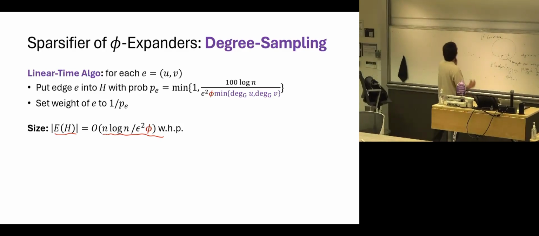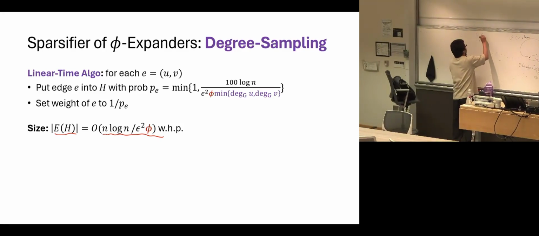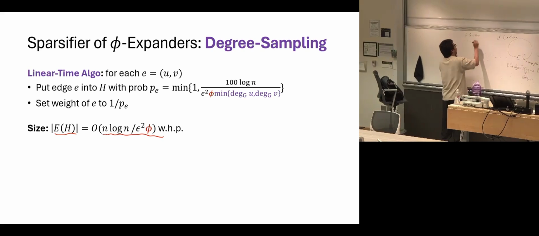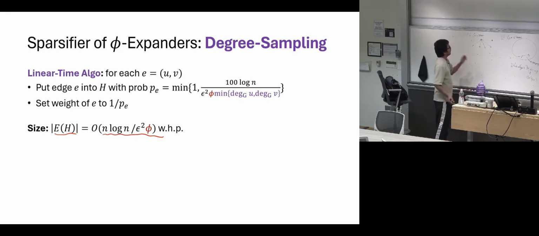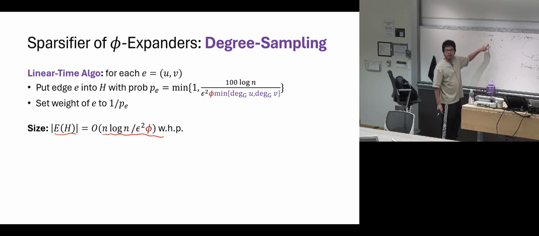So what if the graph is a star? In this case, what's the probability that we will pick this edge? One. Right. I mean, the degree here is n, the degree here is 1.